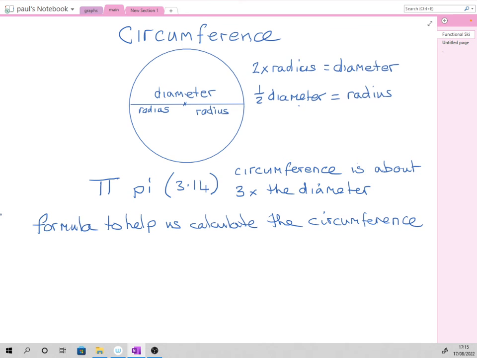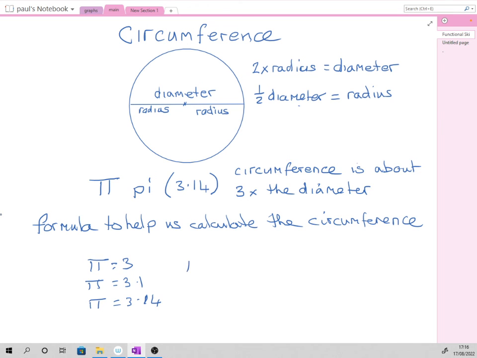And you will be expected to remember 3.14, or they will tell you in the question that pi equals 3.14. Depending on how complicated it is, they might say pi equals 3, or pi equals 3.1, or pi equals 3.14. The more decimal places we've got in this, the more accurate our answer will be.